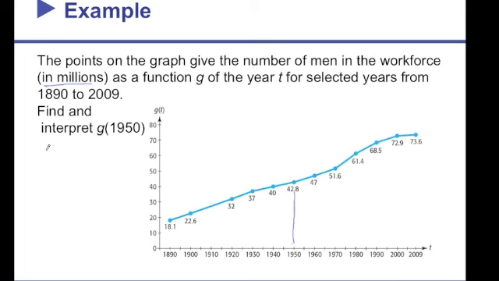Going straight up, g of 1950 then equals 42.8 from the table. But notice it's in millions. We want to interpret that. What does that mean?